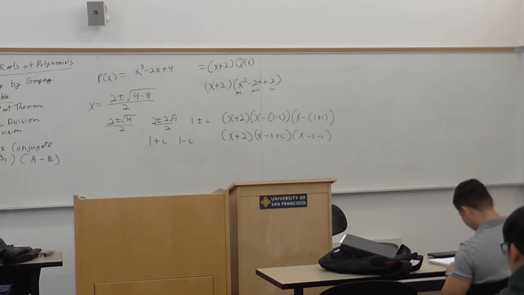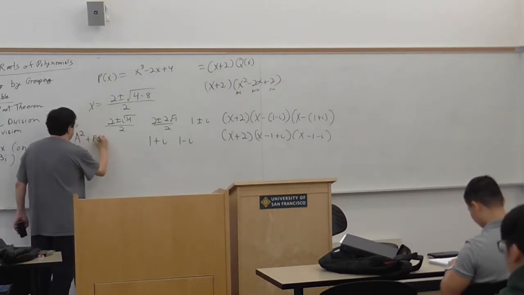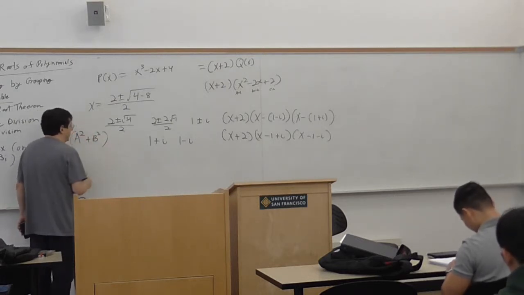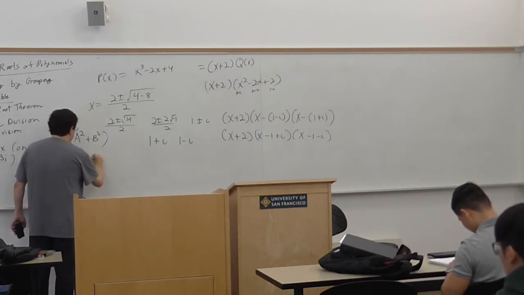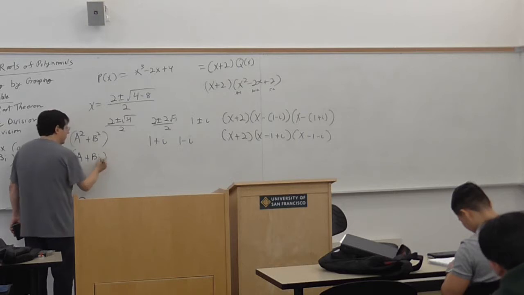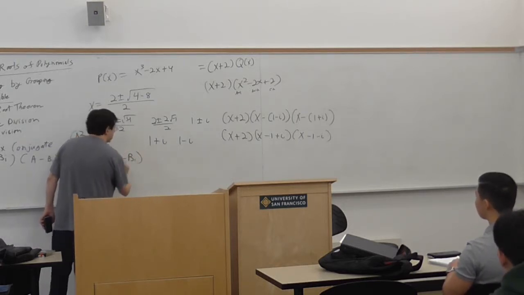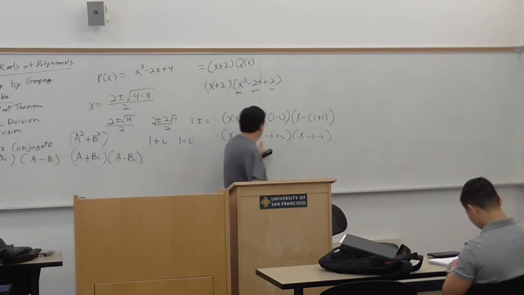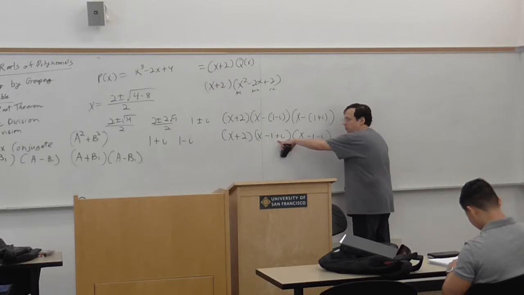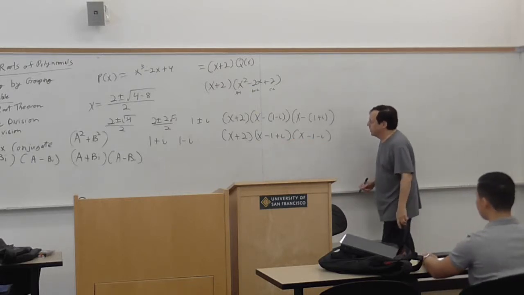We just saw that a few minutes ago, didn't we? We were trying to factor a squared plus b squared, and it turns out that the factors are a plus bi and its conjugate, a minus bi. Okay? So here we have x minus a root and x minus its conjugate.